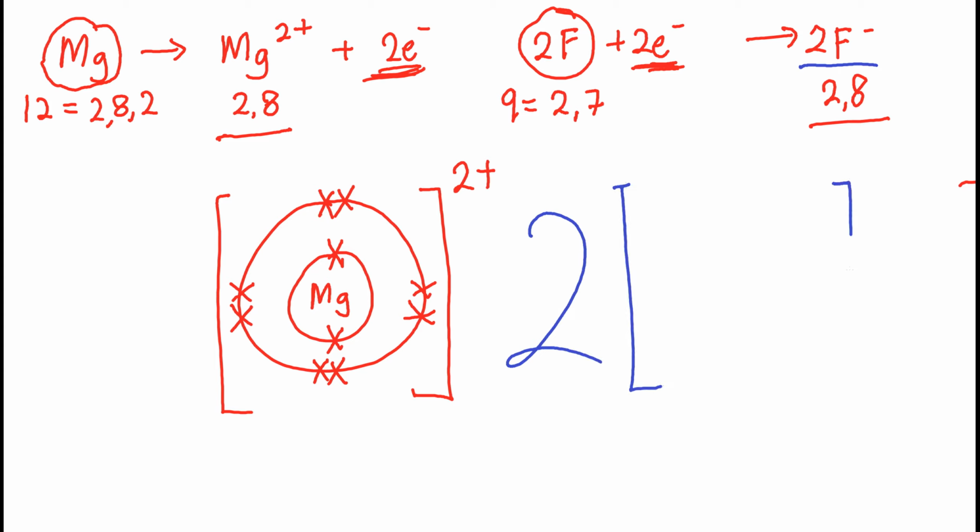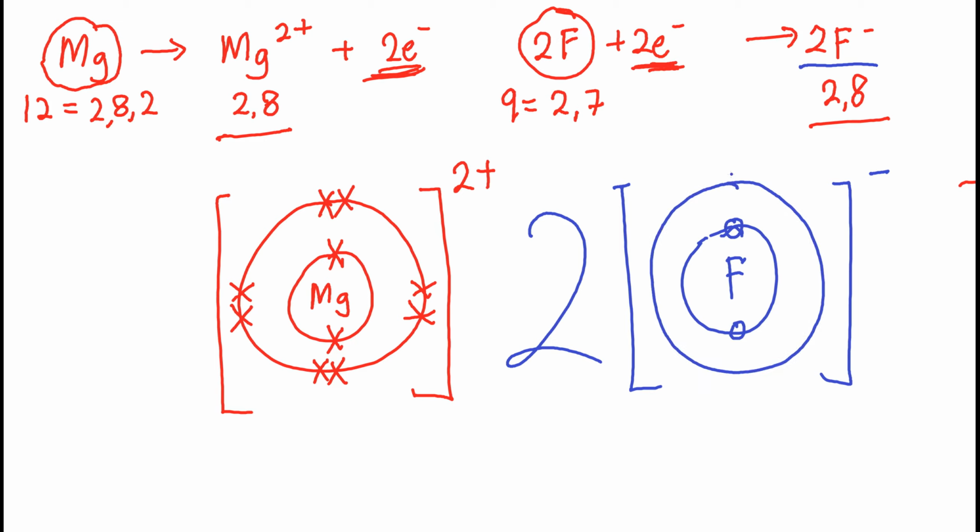We've got to make sure that the charge is correct. So now the fluoride ion also has 2 electrons in the inner shell and 8 electrons in the outer shell. But bear in mind, we have to use a different symbol for the electrons.